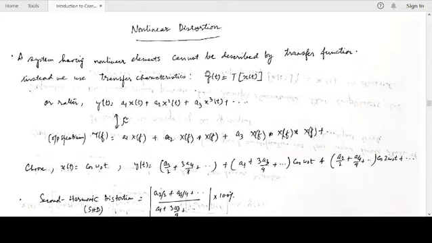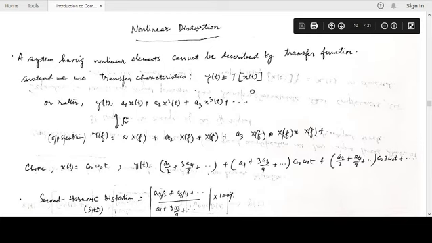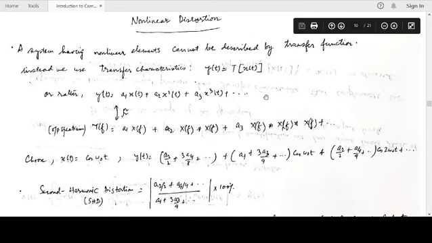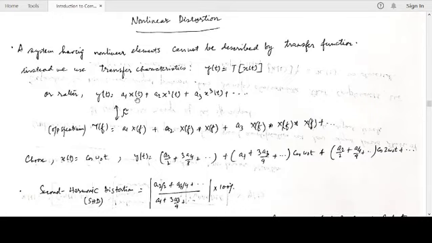Okay. So for this transfer characteristics, we say y(t) is the transfer characteristics T of x(t). Typically we express it in terms of a polynomial expansion. So y(t) can be written as a1 x(t), so if we have only this, then we have a linear system, plus a2 x squared(t) plus a3 x cubed(t) and so on and so forth.